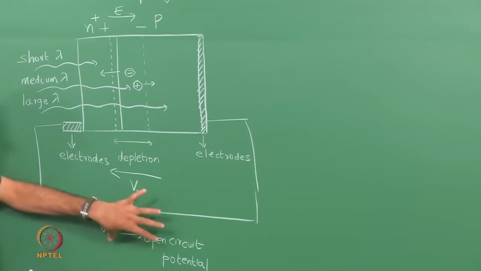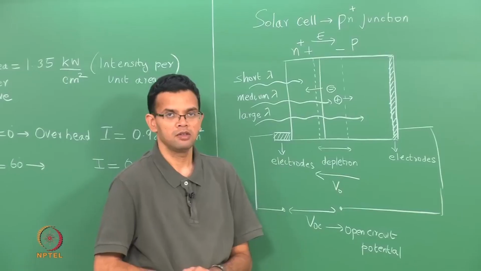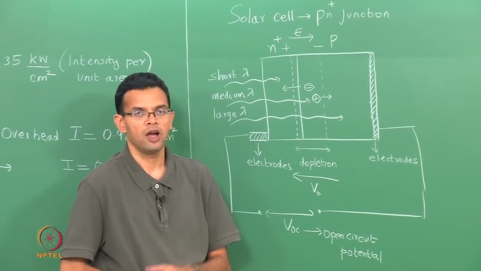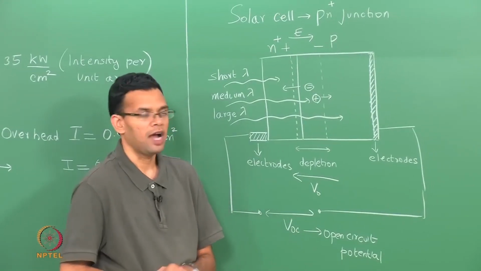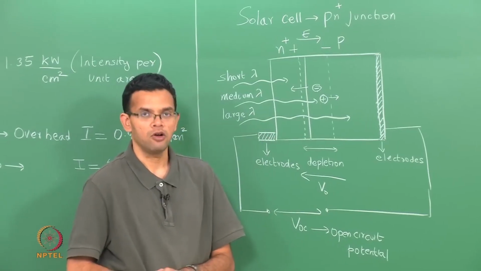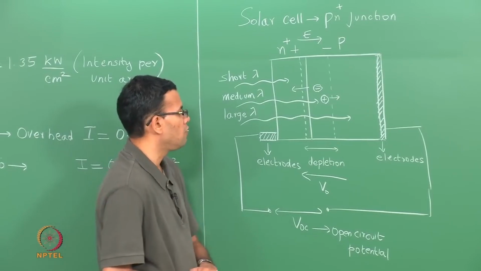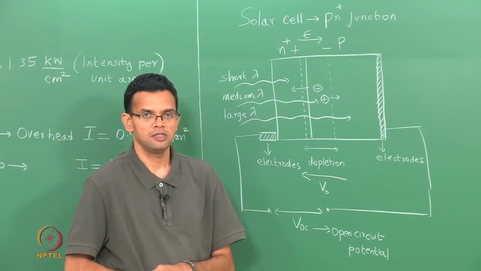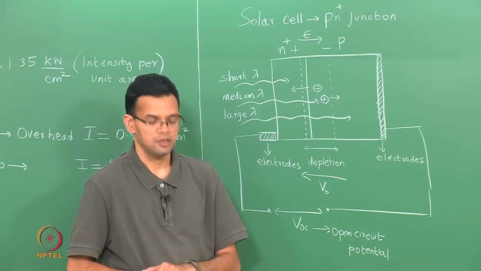So, if you now make the connection between the p and the n, so that instead of an open circuit you have a short circuit, you have a current that flows through the device and it flows through the outer circuit because of the electron and hole pairs that are generated. This current is called your short circuit current.